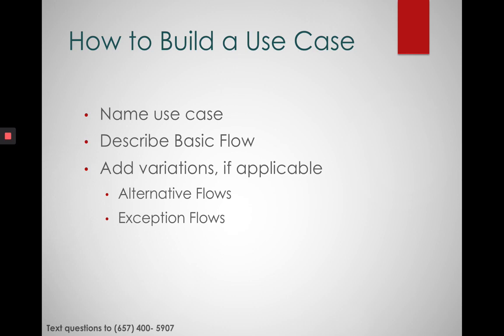And it should also be an active verb, like buy a product, and not something like product purchase, because that would be more of a noun and less of an active term. When we build a use case, we want to name it, and then we want to describe the basic flow. And then if we have alternative exception flows, we work from there. Remember that not all use cases will have alternative and or exception flows, but they will all have a basic flow.